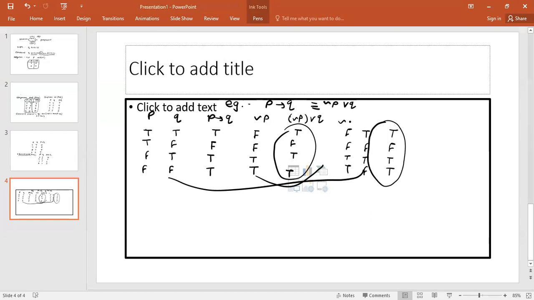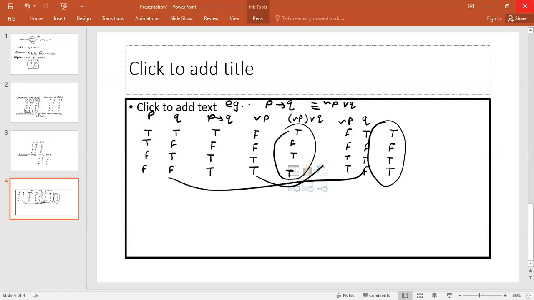This is negation P and this is Q. Okay. So this is the equivalence. We have checked the equivalent statements. These two statements are equivalent.